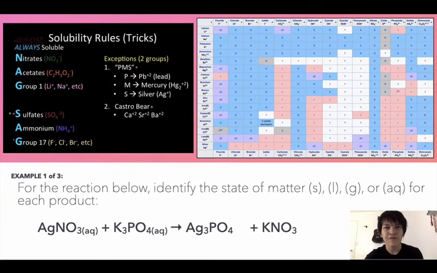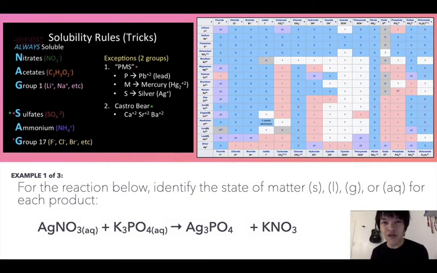For this example, we'll identify what state of matter each product is in the chemical equation. Now, I'll just let you know that we're either going to be labeling it as aqueous, meaning it's dissolved, or solid, meaning it's a precipitate.